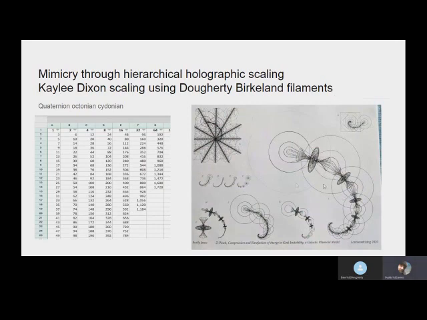Doherty-Birkeland filament is, once again, like I said, the idea of the Birkeland currents nesting harmonically, fractally self-similar recursions inside of itself, but breaking down in orders of magnitude that's scaled by quarter scaling and three-quarter scaling laws.